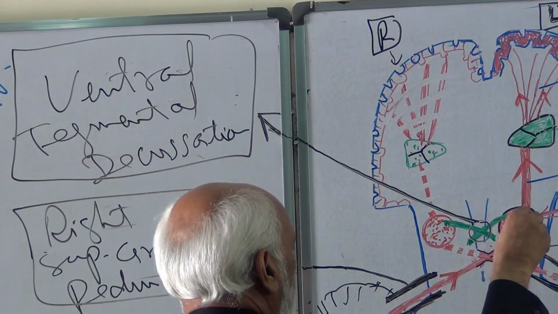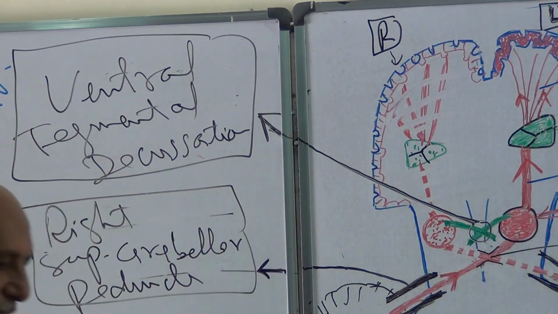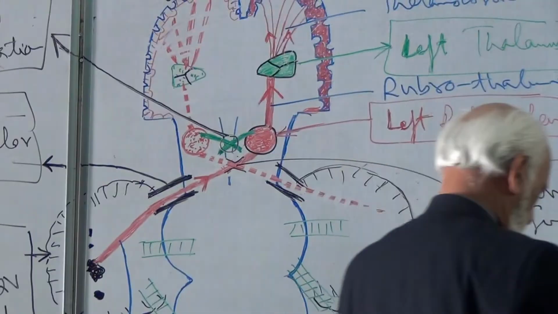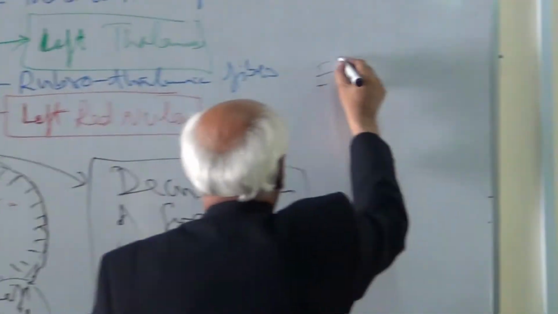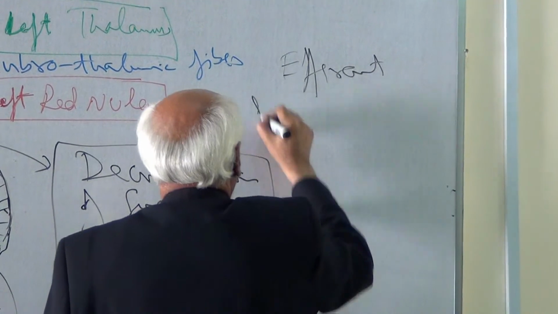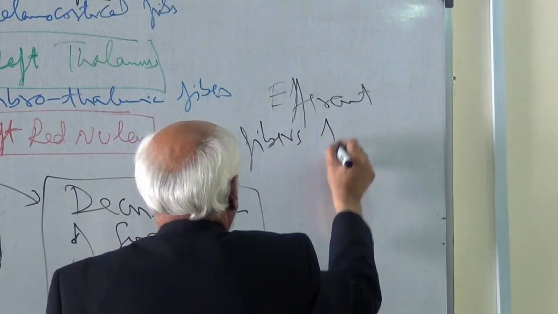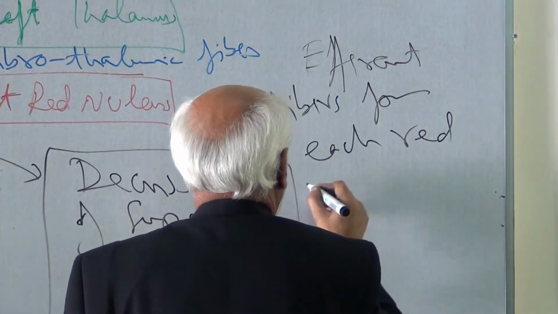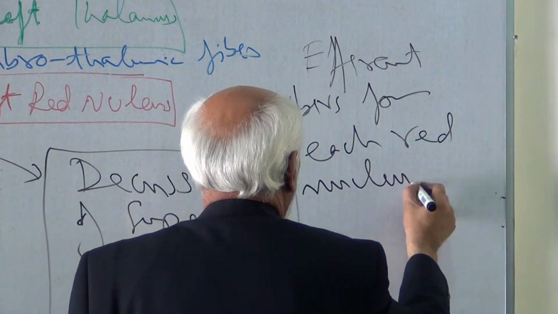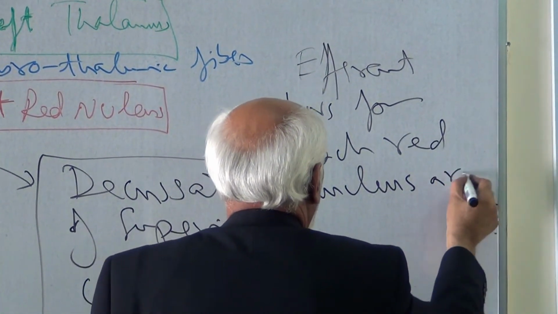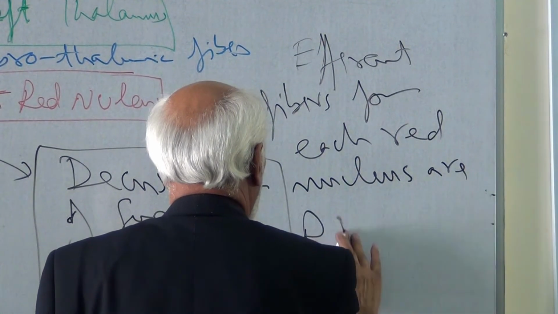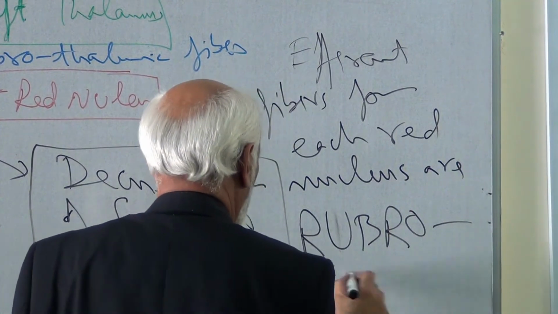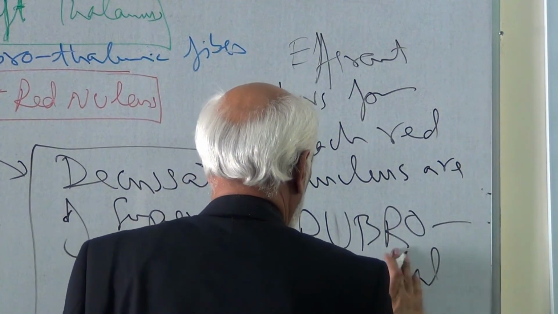So here, from the right and left red nuclei, efferent fibers arise. So efferent fibers from each red nucleus are the rubrospinal tract.